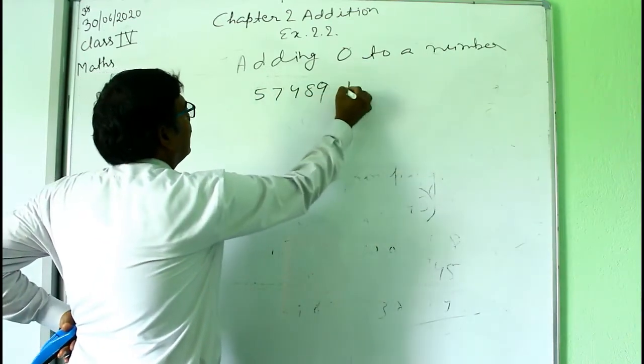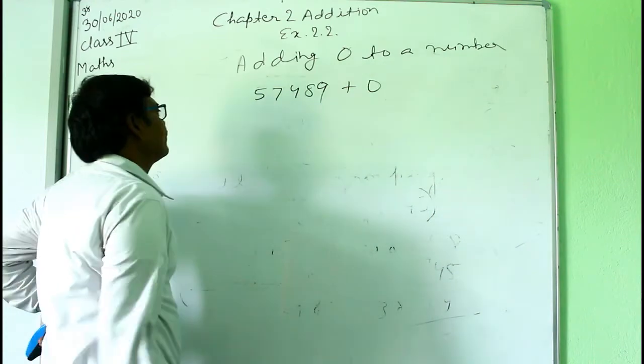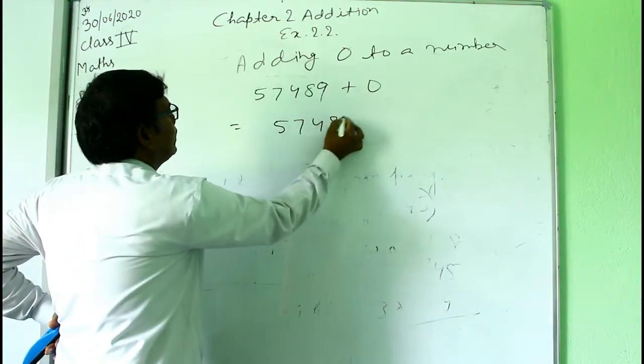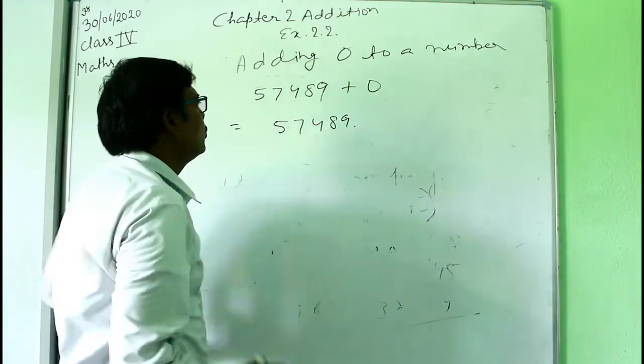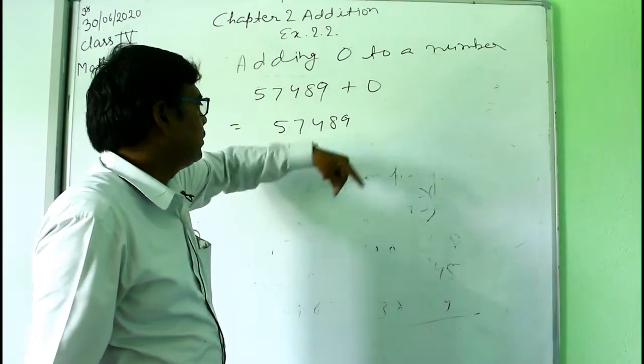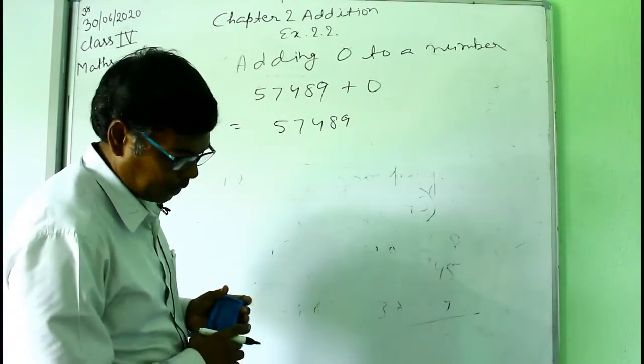Then add 0, then what is the answer? The answer will be the same number, that is 57,489. So when you add 0 to any number, the answer will be the same number. So this is the property of 0.